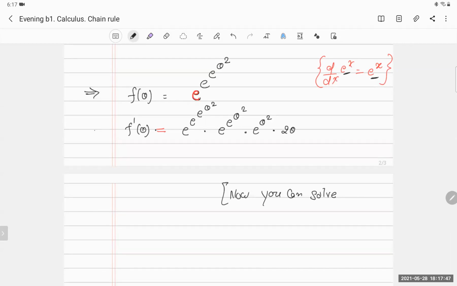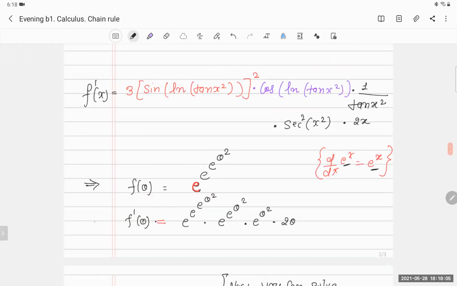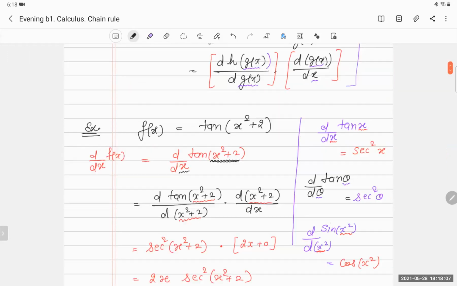Yes, because the differentiation of theta square is 2 theta. But then why put the dot in it? This dot is the multiplication, right? See, because I am just multiplying things here. So this dot is for multiplication.